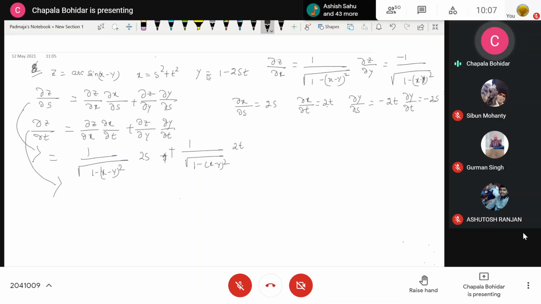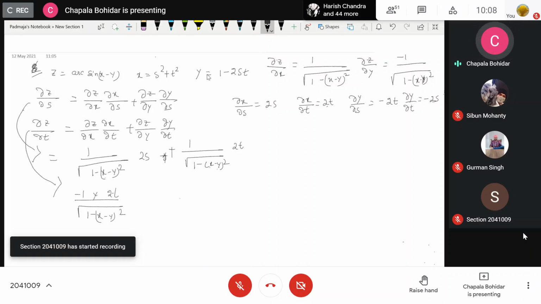Second one, so you put the value x, y here and simplify yourself. That part is your duty. Del z by del x is your 1 by root over 1 minus x minus y whole square. Del x by del t, it is 2t.